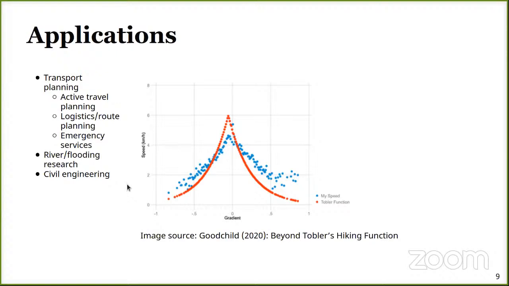So if you're moving hundreds of heavy goods lorries around, you need to think about slope in terms of efficiency and route planning. And then also in terms of river and flooding research and civil engineering, when you're thinking about the probability of a building shifting or moving. So although we haven't used the package for these other applications, they do exist, and we suspect that there are other areas where this could be useful.